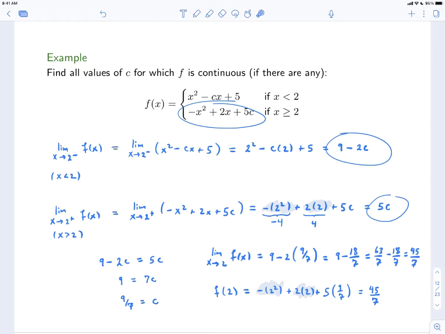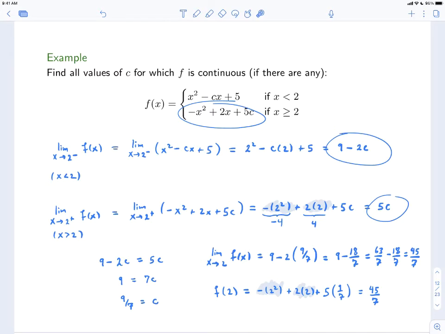However, we are using the bottom rule, minus x squared plus 2x plus 5c, when x is greater than or equal to 2. So right away, I know that this is right continuous, but it's not left continuous. In order to be continuous, it needs to also be left continuous. So we need to find the value of c so that these two things are equal.